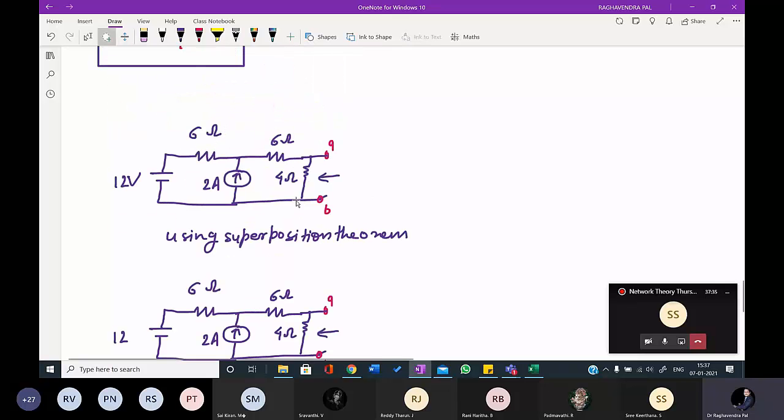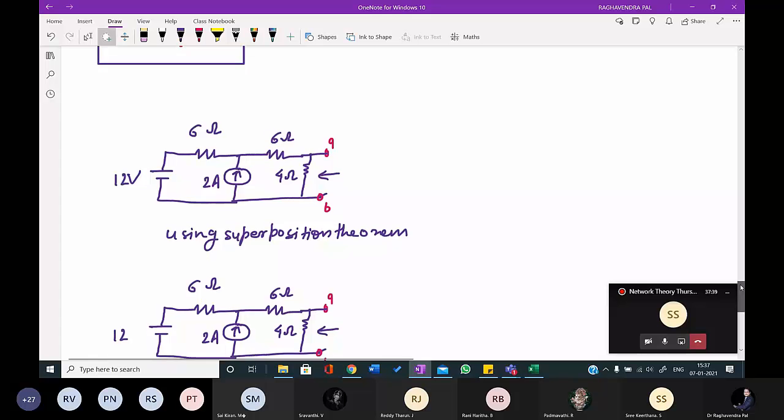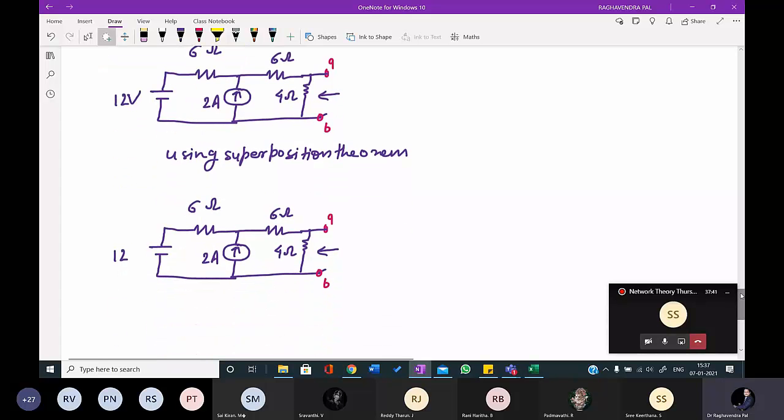But what we will do now? First we will keep one source only and remove another one. So this source we will keep and suppose remove this one. Removing a current source means it is open circuited. So now let us calculate the voltage across this.